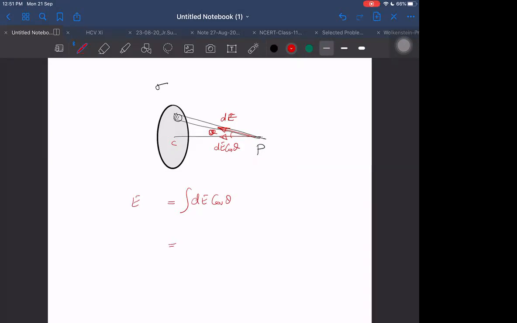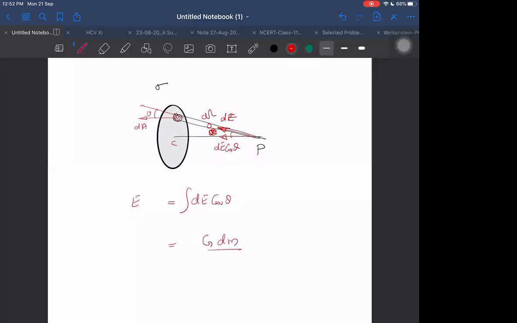That will be equal to G into, I can write this in terms of d omega also. How do we write that, if you remember? Theta is the angle with this side, so with the dA vector it is forming an angle theta. First, let us start with G into dm by the oblique distance.